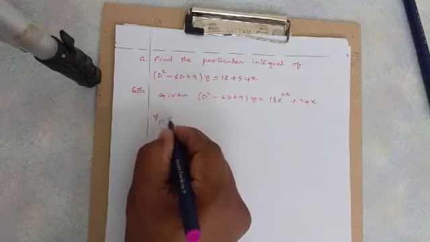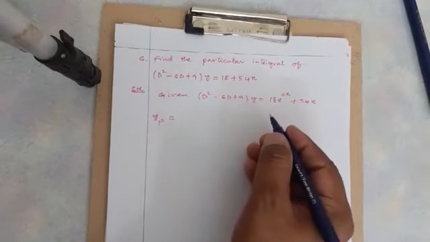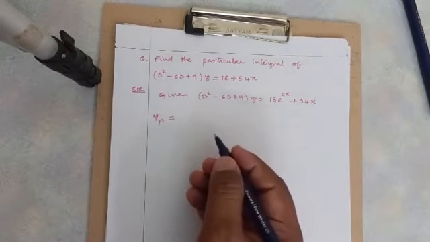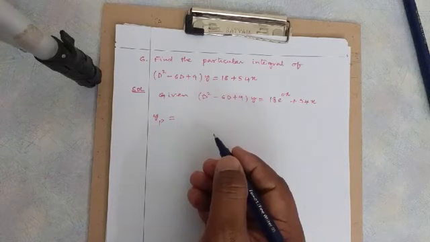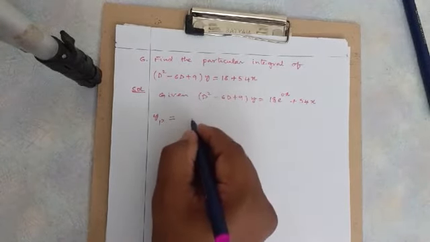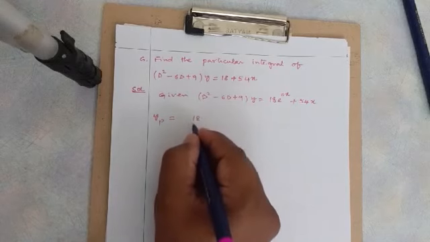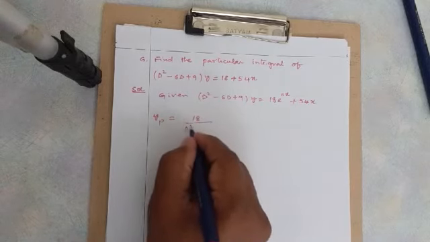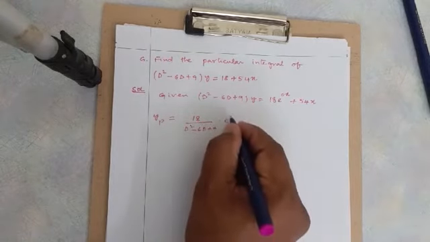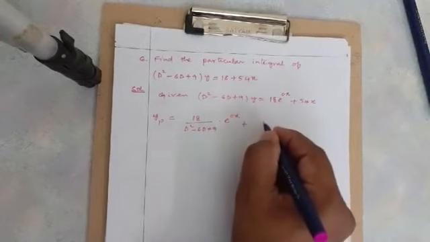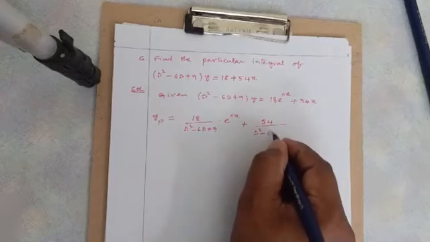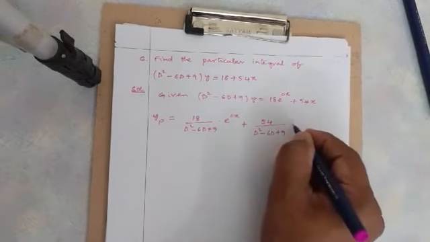In case 1, yp is equal to f of d upon whatever equation is given. So yp is equal to 18 upon d square minus 6d plus 9 into e power 0x, plus 54 upon d square minus 6d plus 9 into x.